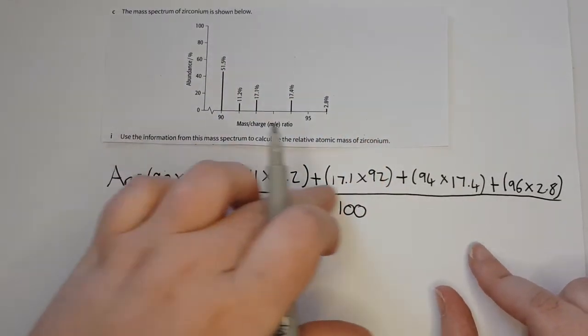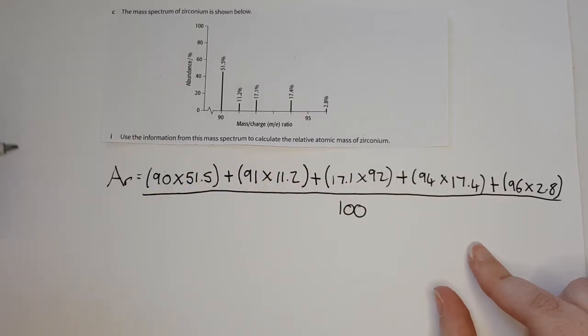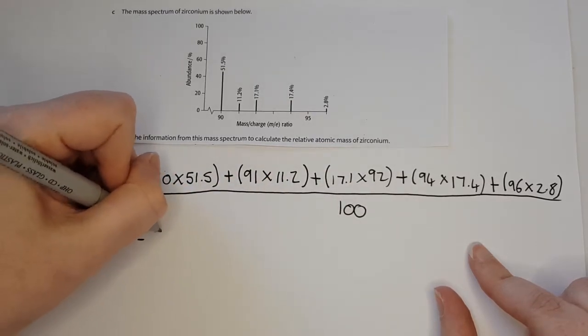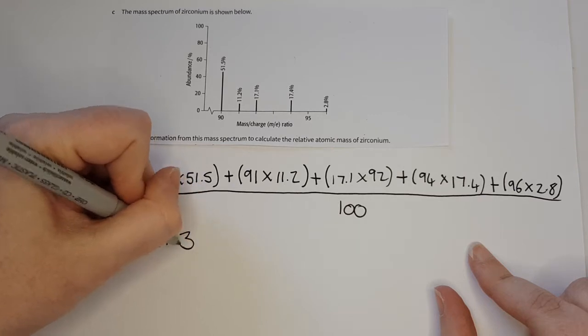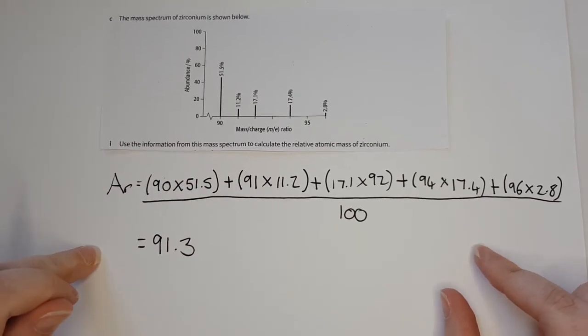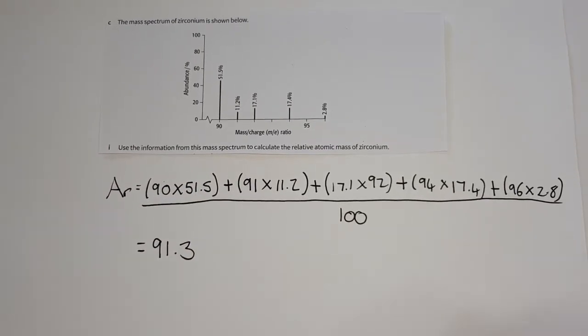And if you type that whole sum into your calculator, you end up with your answer of 91.3 for the atomic mass.